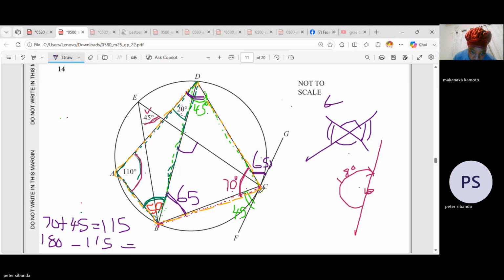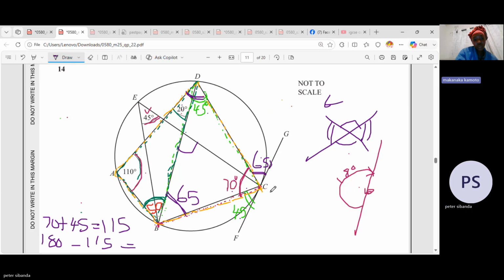We said angles in a cyclic quadrilateral are supplementary.